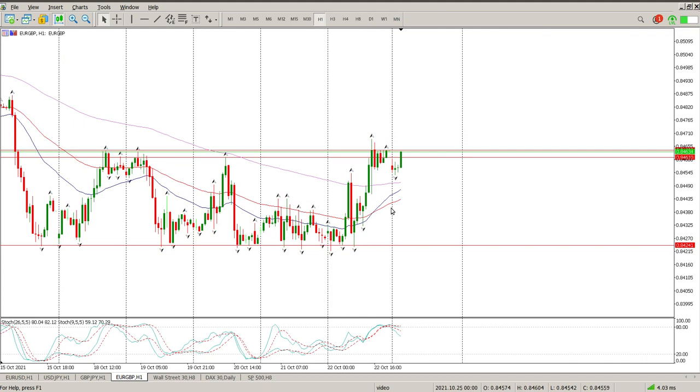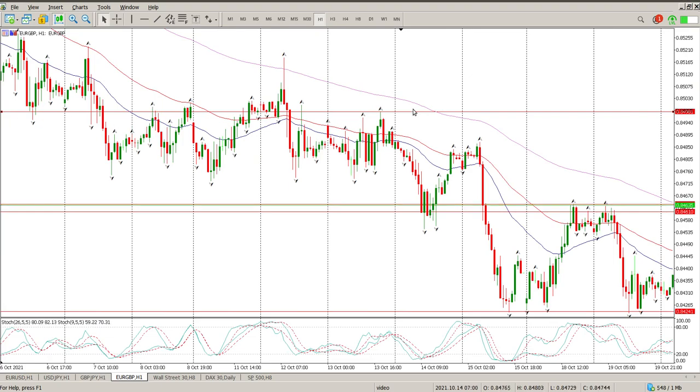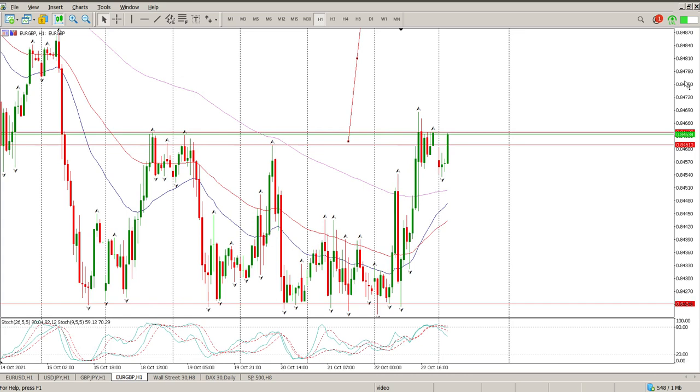We do have a crossover here, so I would be looking at a break above this area of 0.84639. I want a break and retest of that. If you can get that on the hour, then what you're looking for is a range target, which is going to take you somewhere up to there, and you can see there's a little bit of structure up at the top here. So that's kind of the view that I've got at the moment.